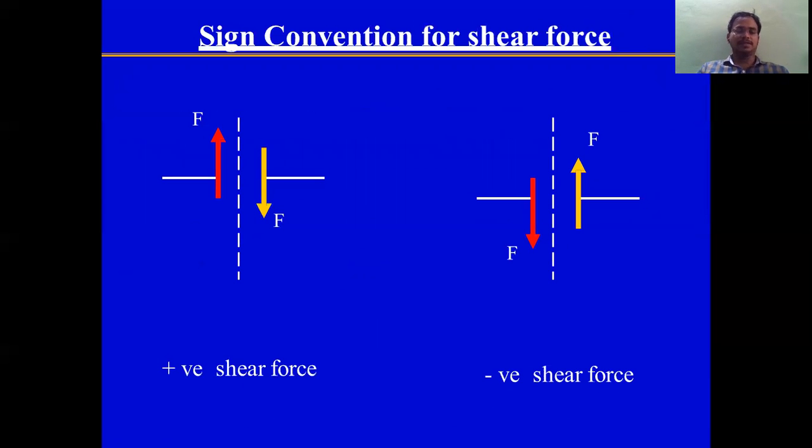Coming to sign conventions, the upward direction and downward direction are shown here. This is reaction one, so it is positive. They consider this as positive, and this as negative.